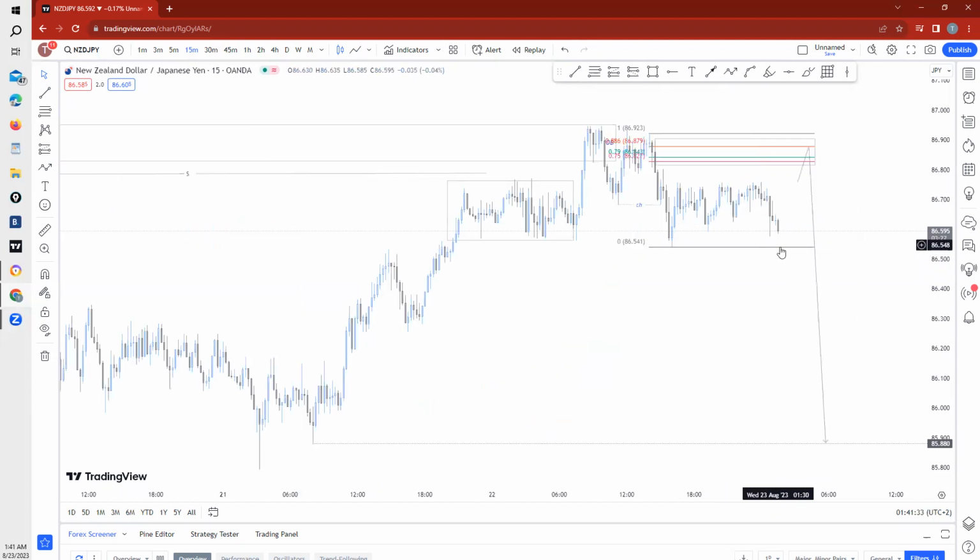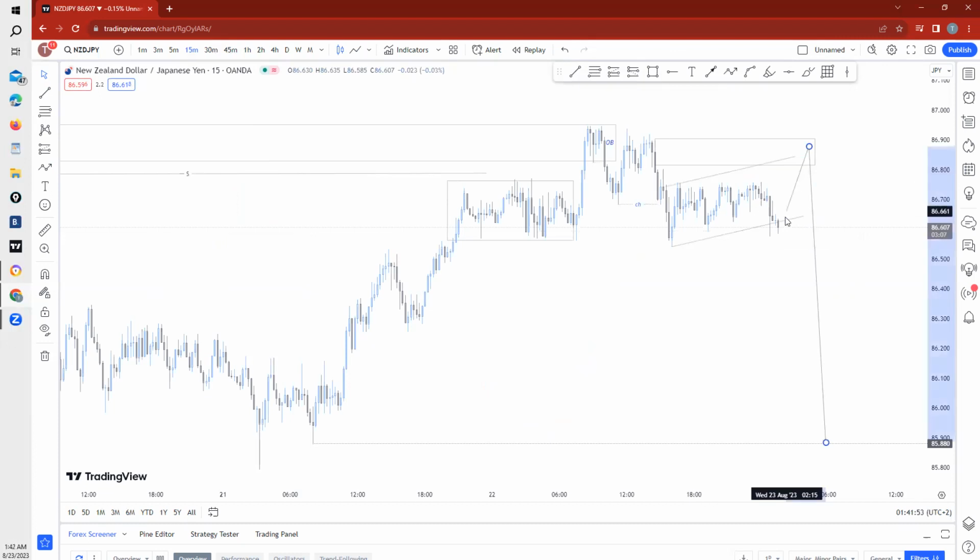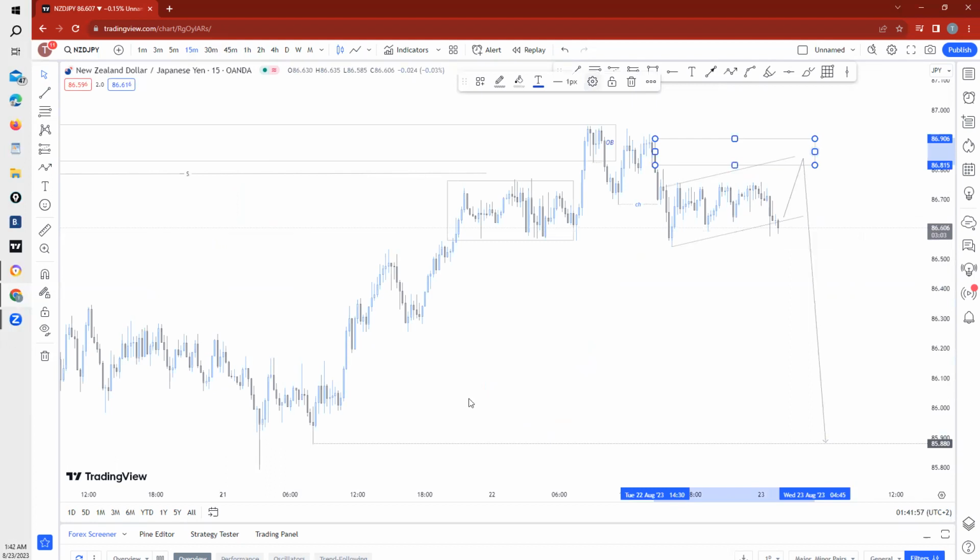So once I break the market to the downside, and I can see this happening, there was a change of character. Let's say this is a continuation channel. Are we expecting price to reach that high before a further continuation to the downside?